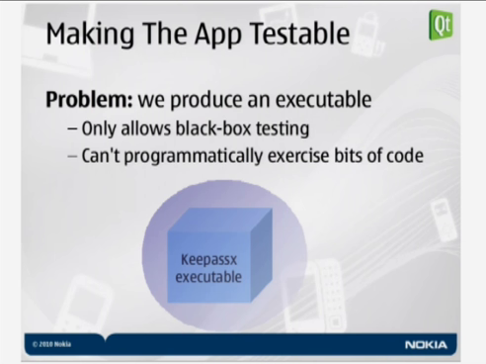So this is a kind of impenetrable shell around the application, and if we tried to write a test program to programmatically exercise bits of code, we can't do it. If you like, the tentacles of the test program cannot penetrate this shell around the application. So at the moment, all we can do is black box testing.